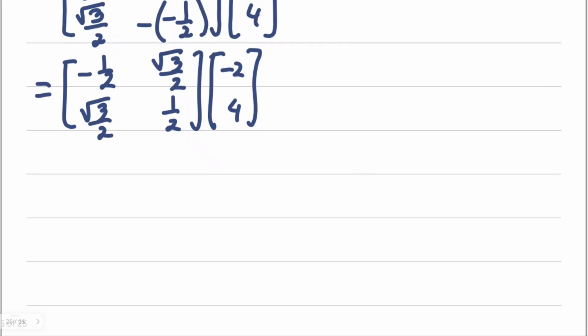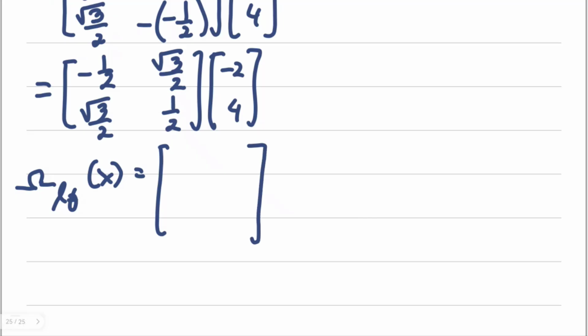Take note that if you're going to multiply that, always remember the correct process of multiplying matrices. So it would be a 2 by 1 matrix as mentioned. Let me increase this size here. Negative 1/2 times negative 2 is positive 1, plus you have your square root of 3 over 2 times 4, so that's actually 2 square root of 3.